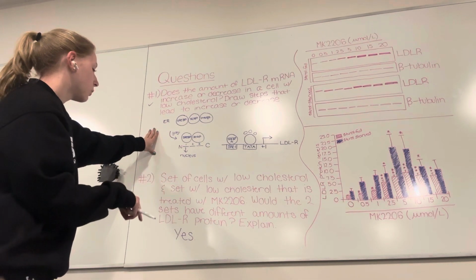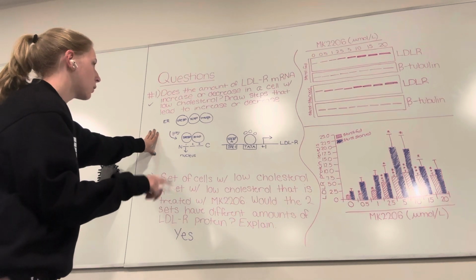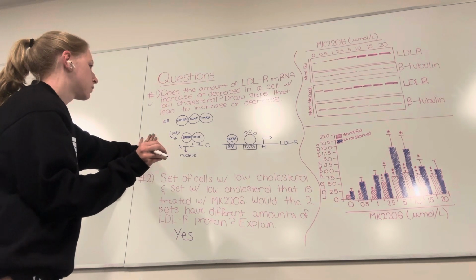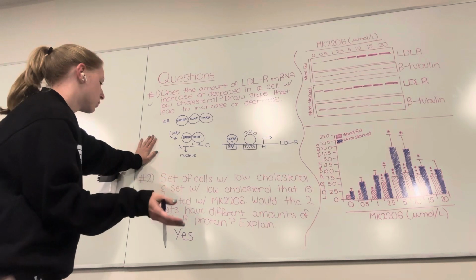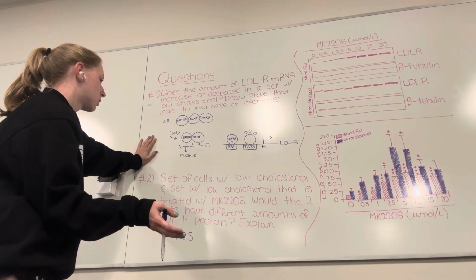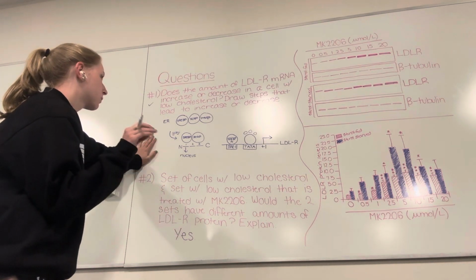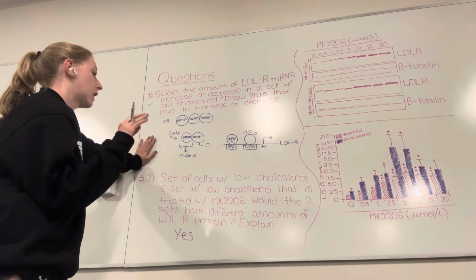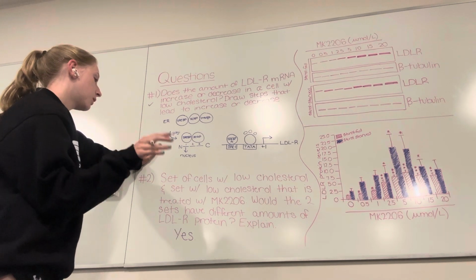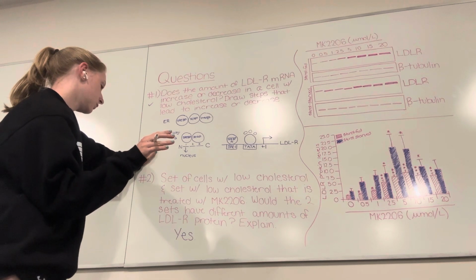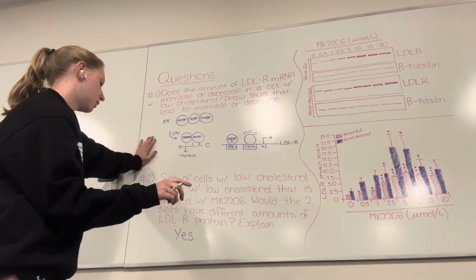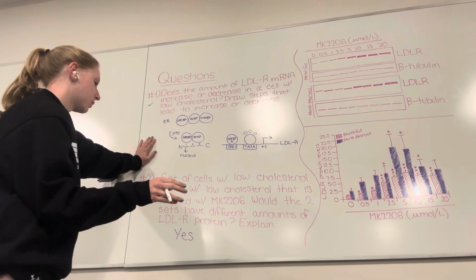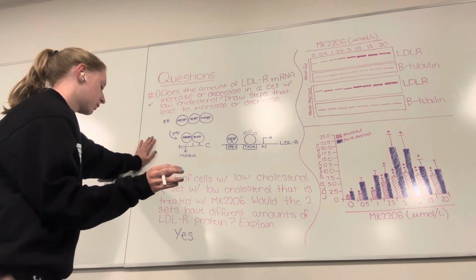But because it's treated with the MK2206, it would reduce the translation levels. So the mRNA levels produced would be pretty high, but the levels would not be the same for the protein because there would be reduced translation.